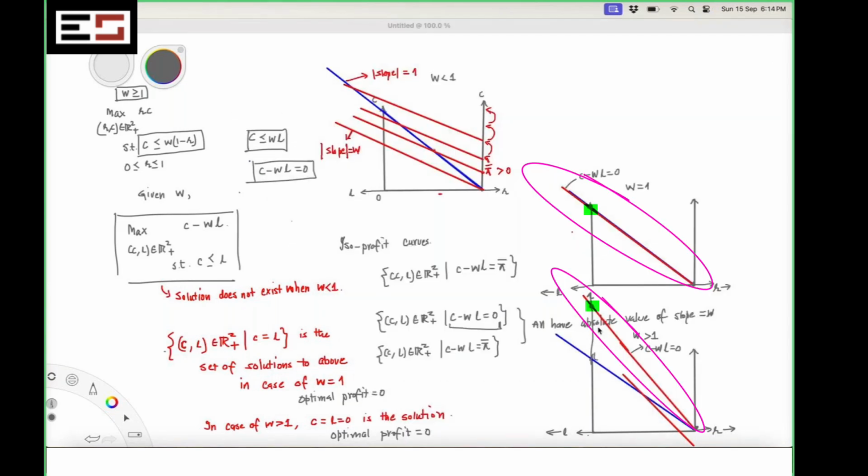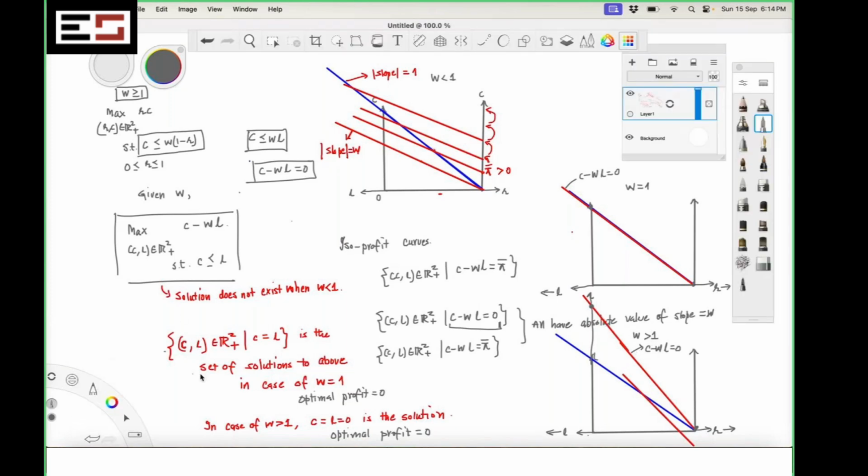Now all that you have to do is, you can easily see over here that W greater than 1 is not possible. The reason is that if W is greater than 1, Robinson Crusoe as a consumer will choose a point like this, and the firm has chosen a point like this.